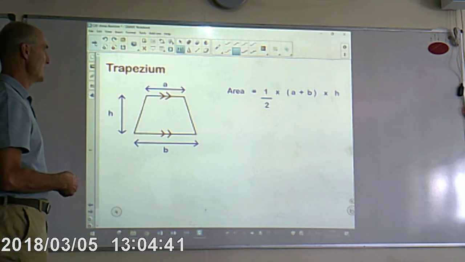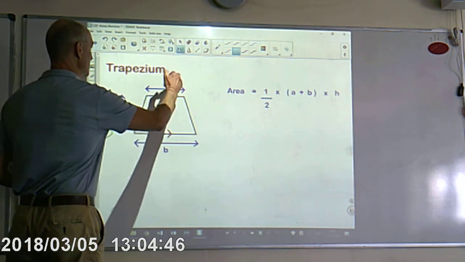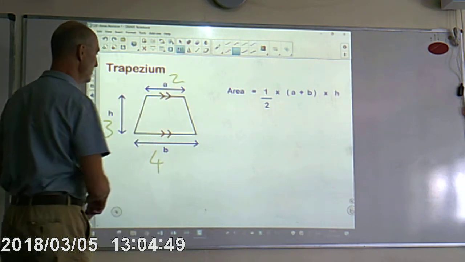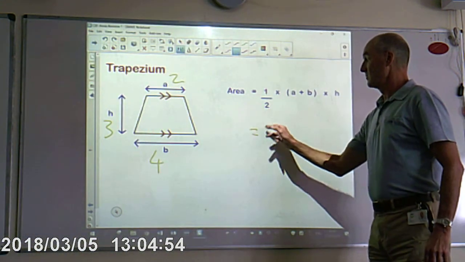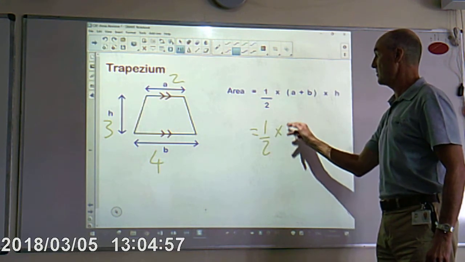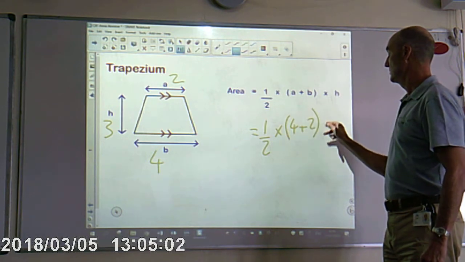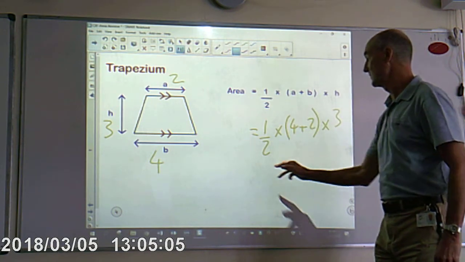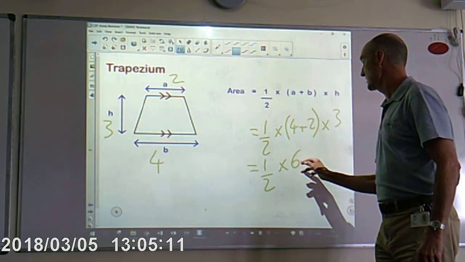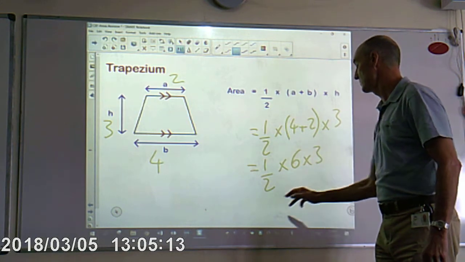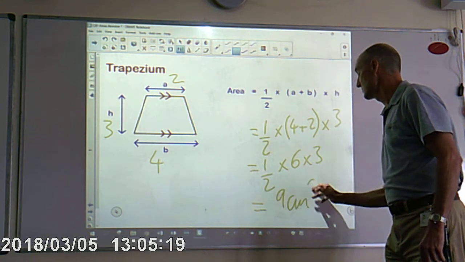So if we had the vertical height 3, A was 2, B is 4, if we plug that into our formula, we get a half multiplied by A plus B, so it's 4 plus 2, and then multiplied by the vertical height, so we have a half times 6 times 3, so all that comes out as 9 centimetres squared.